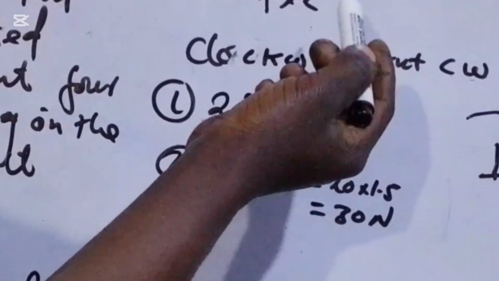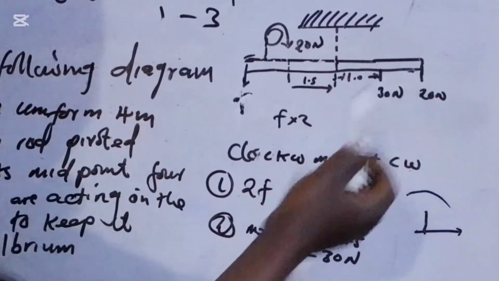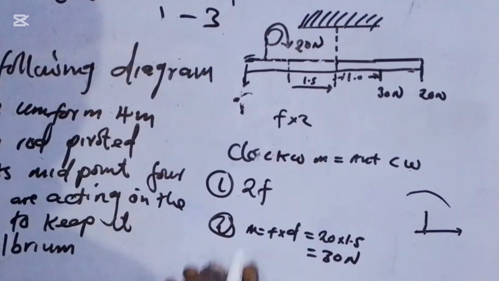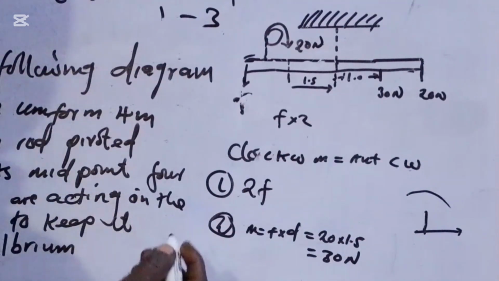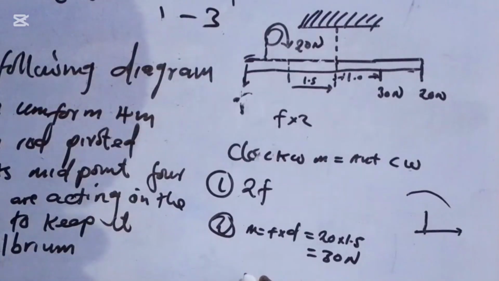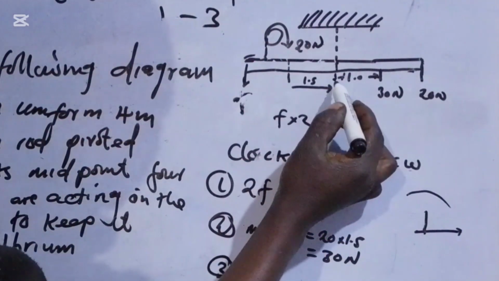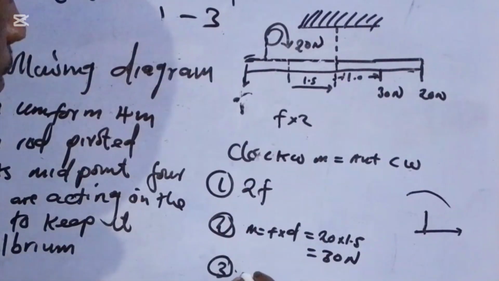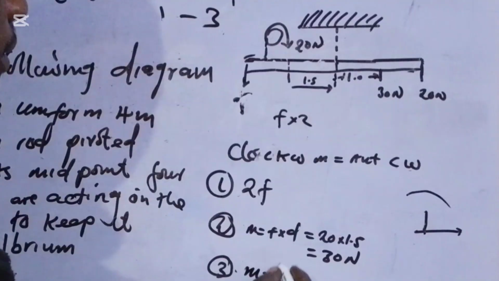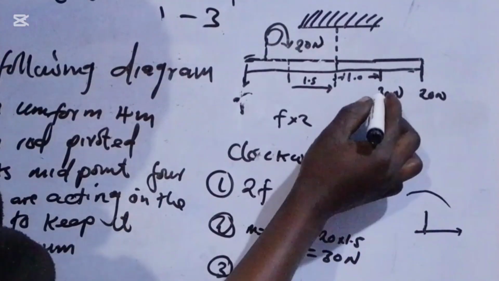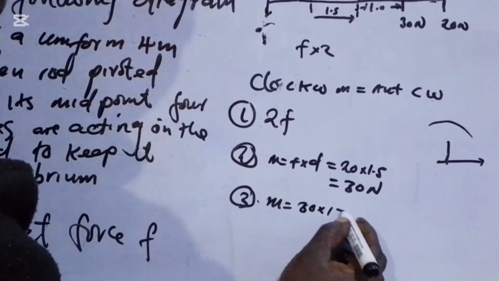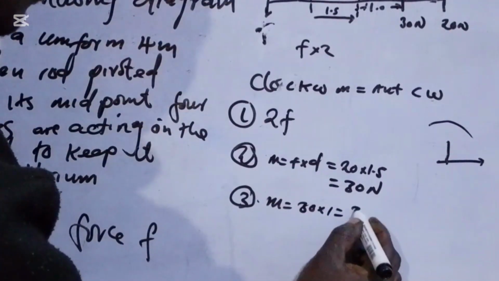Okay, so now let's move on to this force which we have here. This force here is acting downward also. Okay, so we have parameter 3, which is this force. This force has a distance of 1.0 meter. So we are going to say moment equals force times distance. So force we have 30, times 1.0, which should be equal to 30 here.